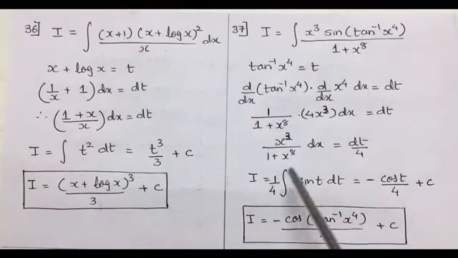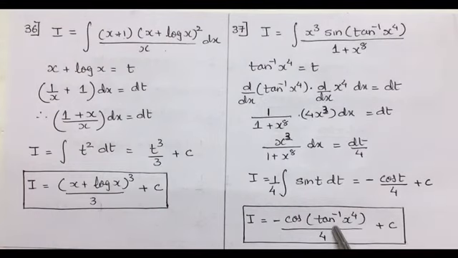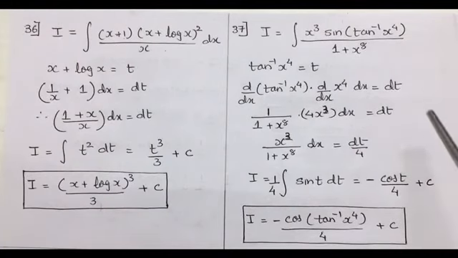So the complete integration becomes I is equal to 1 upon 4 integration sin t dt. Integration of sin t is minus cos t by 4 plus c. Now putting the value of t as tan inverse x raised to 4, the final answer is minus cos (tan inverse x raised to 4) by 4 plus c. So this is how the 37th one is integrated.